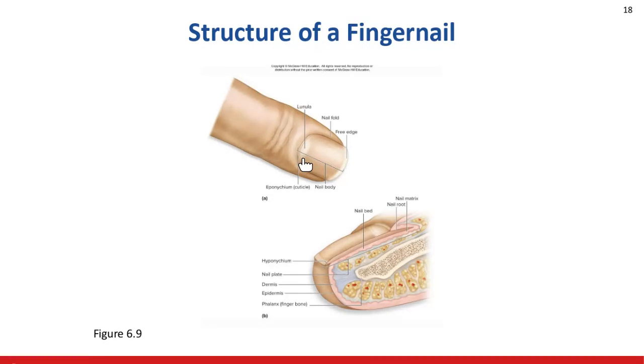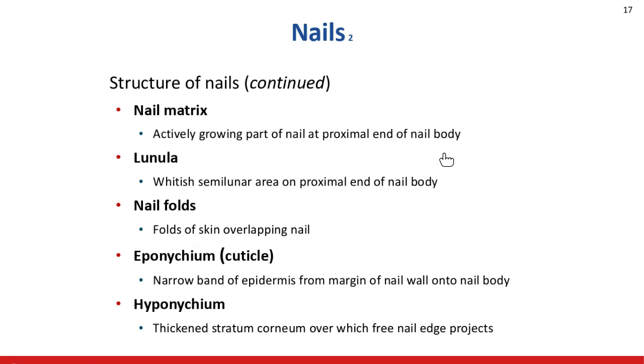This is the lunula. Again, it appears white because it's just a thickened area underneath the nail plate, and so you can't see the capillaries underneath. We refer to that as the lunula. I think of Luna, like the moon, because it looks almost like a crescent moon. So that's how I kind of remember the two.